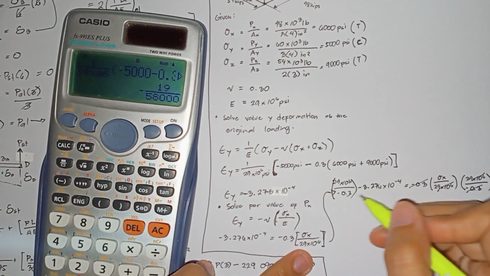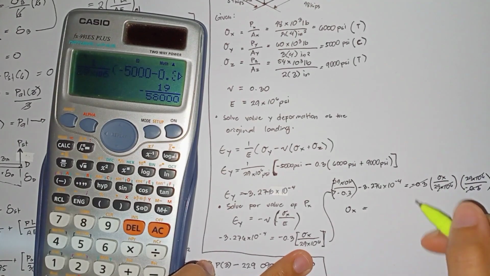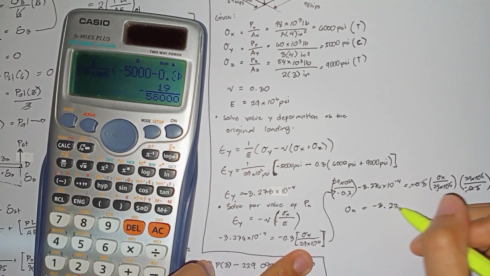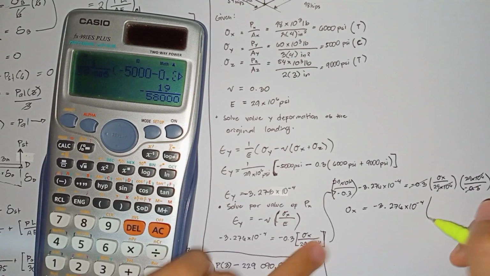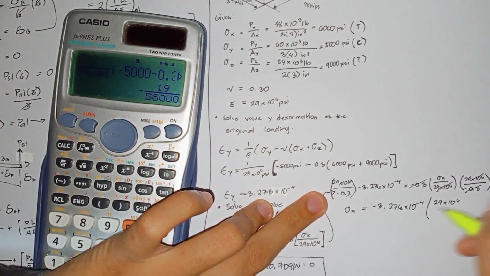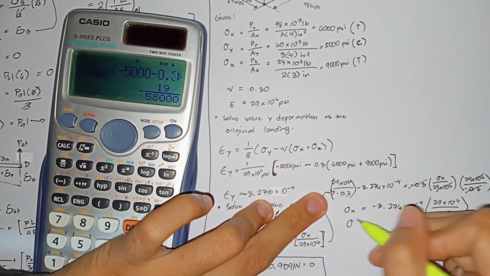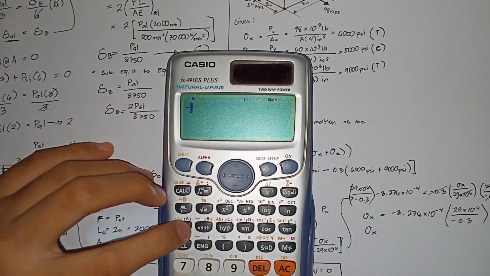Okay, so ang mangyari dyan, ipagbaliktad ko lang sila. Stress of x is equal to negative 3.276 times 10 raised to negative 4. Multiply natin ito, 29 times 10 raised to 6 all over negative 0.3. And then, simply calculator.